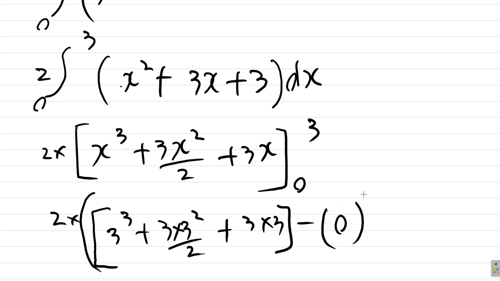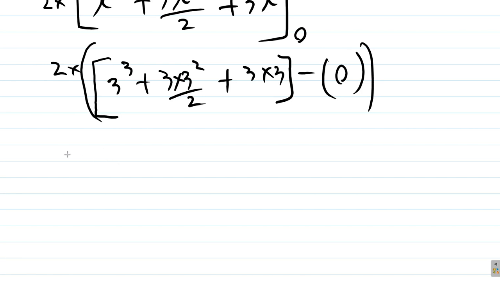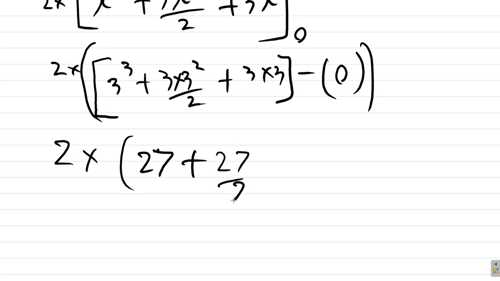All of that would amount to 0. So we have 2 times 3 cubed, 27, plus 3 squared over 2, that's 27 over 2, plus 3 times 3 is 9. Okay. Equals.